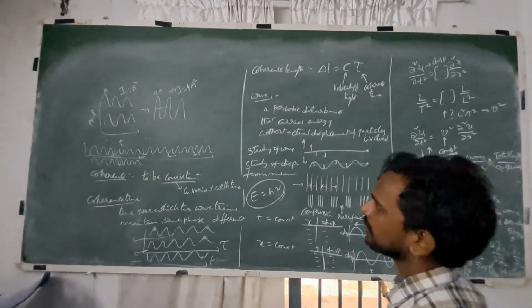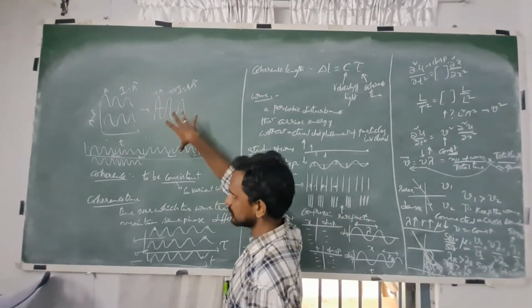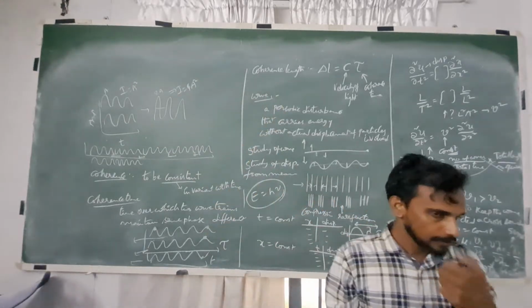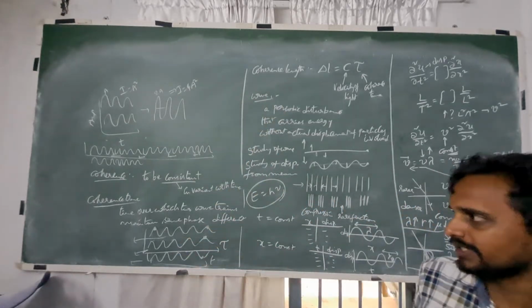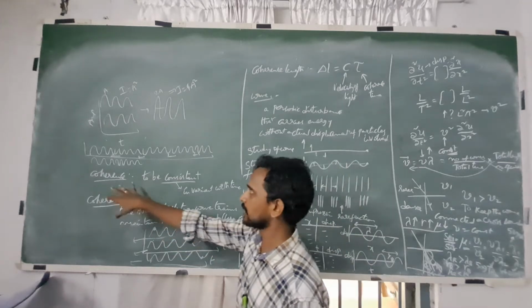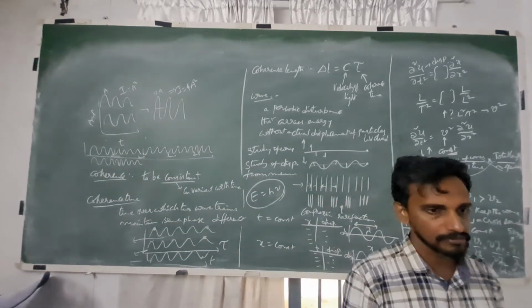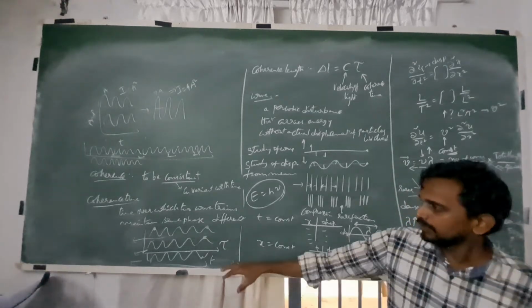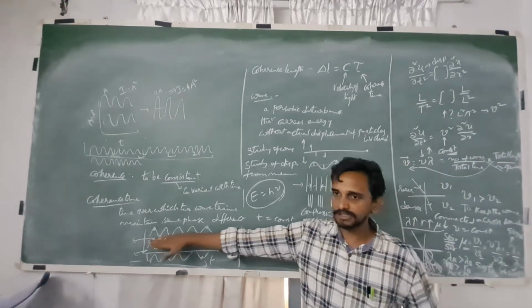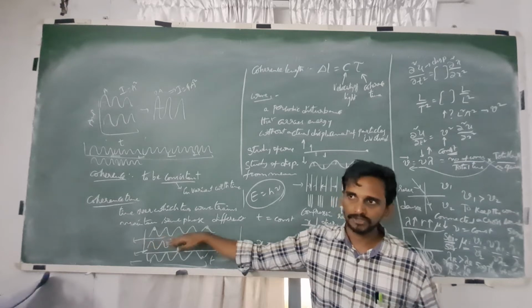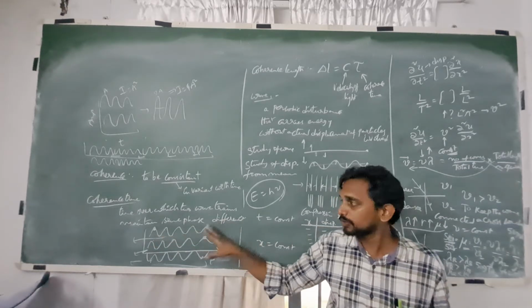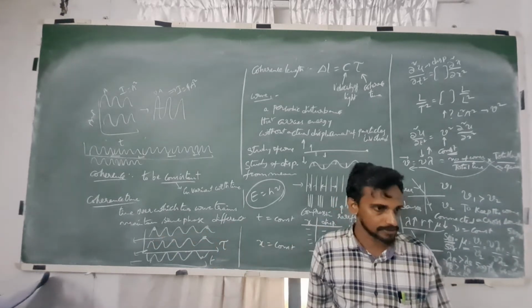Now come back to coherence. To have constructive or destructive interference, we should maintain a constant phase throughout a span of time or in space. The time for which the two wave trains remain in the same phase is the coherence time.